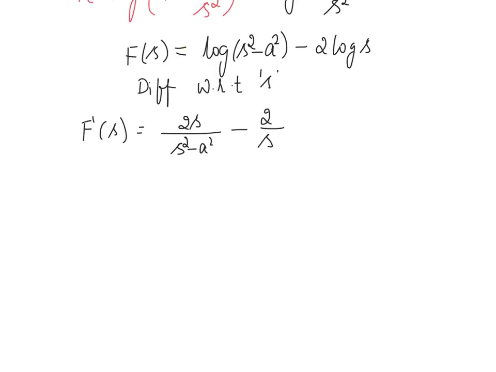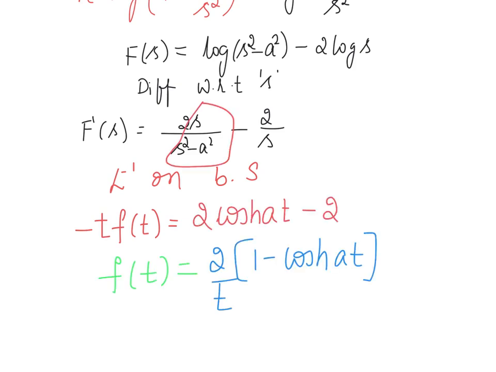Applying inverse Laplace transform on both sides, the inverse Laplace transform of f dash s is minus t into f of t, and 2 inverse Laplace. So this is our result.